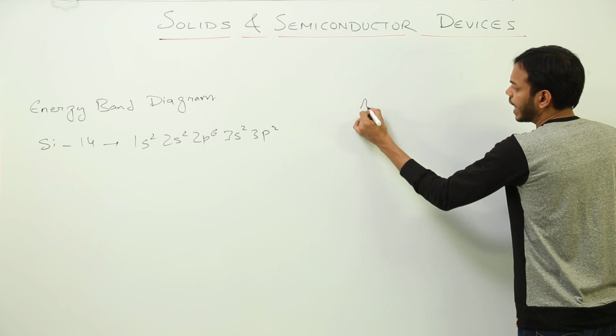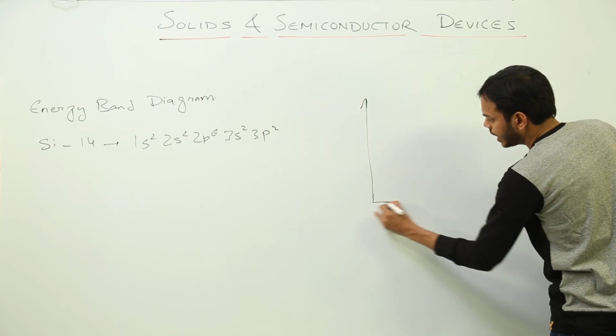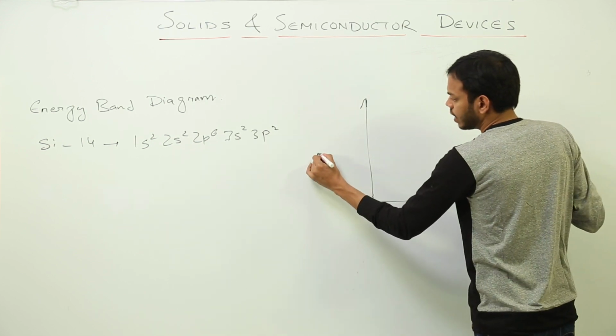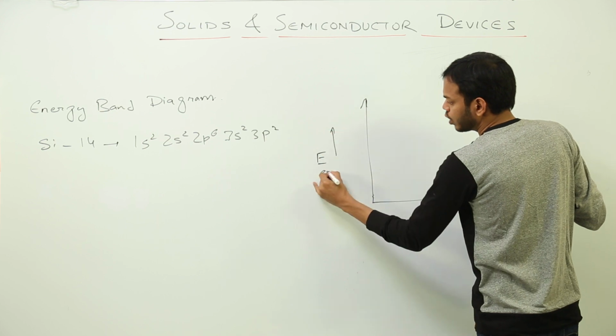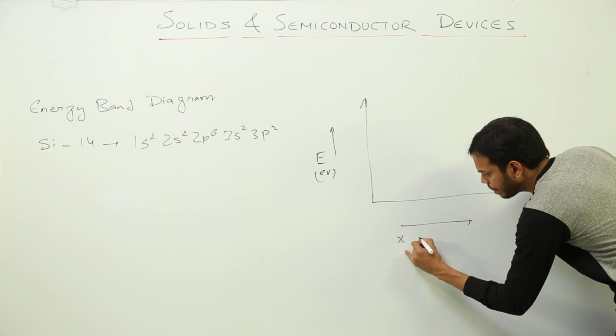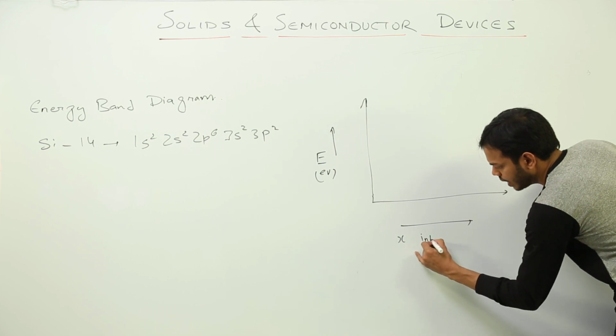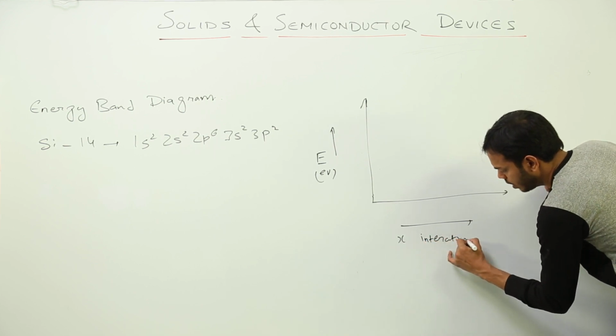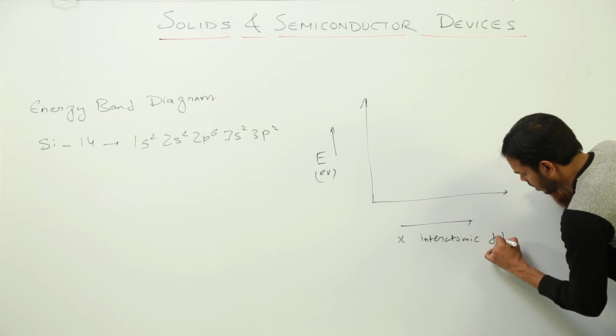Now, on this side, I'm drawing the energy level. This would be in electron volts, and on this side we have interatomic separation x. Okay, this is interatomic distance.